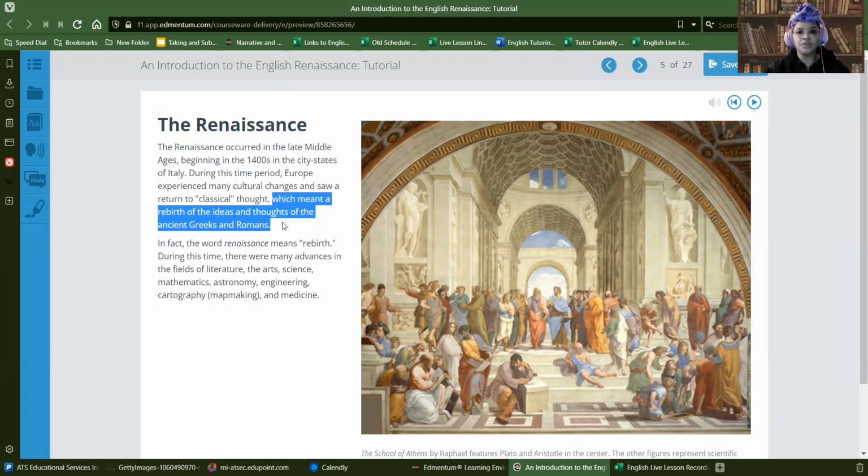So whenever something is referring to classical, that is usually what they're talking about. Neoclassical is when you bring back classical thought. The Renaissance is the original, or I guess the first time, I should say, that culture shifted back to this.